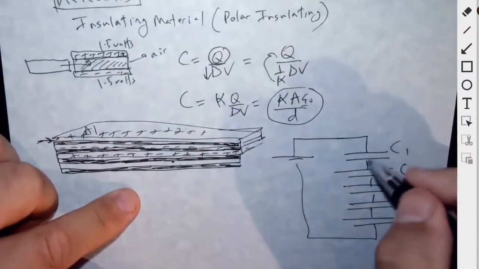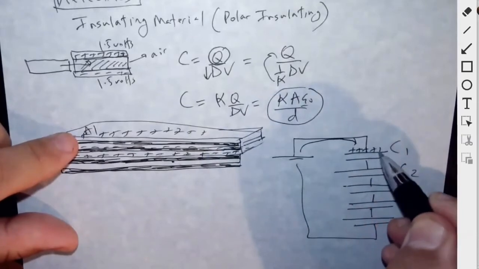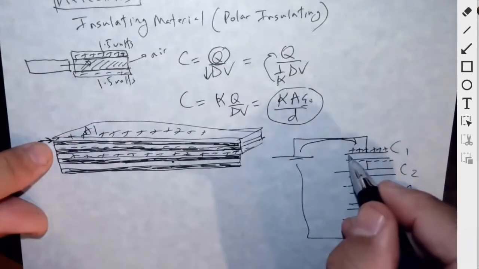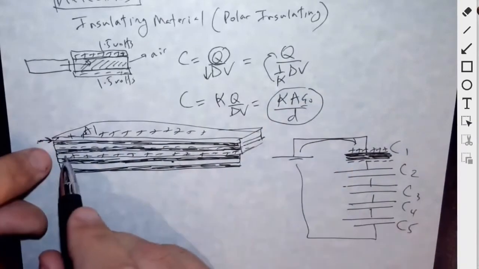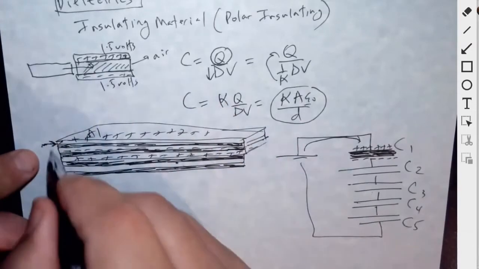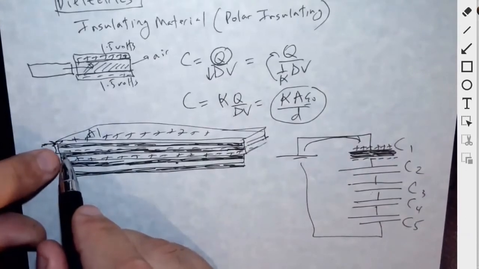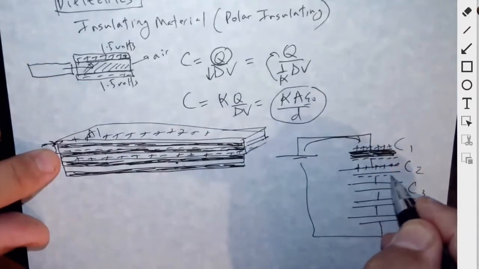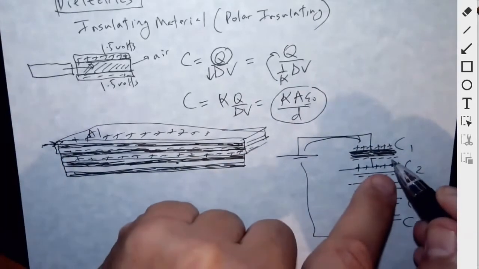In a series construction, you're basically saying the charge goes like this, builds up positive here, then this is negative. So you see, then you have a dielectric in the middle. Between that dielectric, this one kind of acts like its own capacitor. Then this is positive, this is negative. So the positive of this capacitor touches the negative of that capacitor.